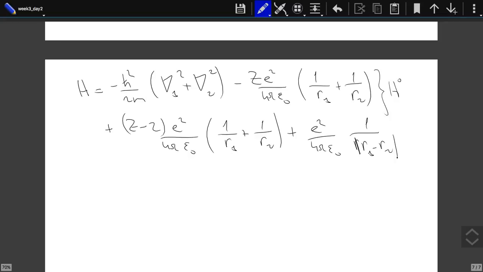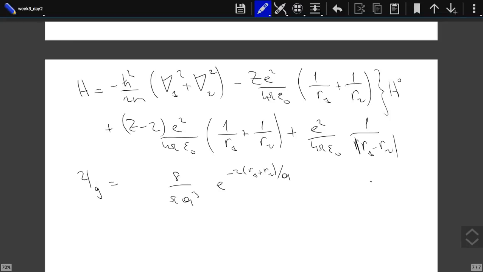Now, if you write it like this, then we will be choosing the ground state wave function as, if you remember before, 8 over pi a cubed e to the power minus 2 (R1 plus R2) over a.